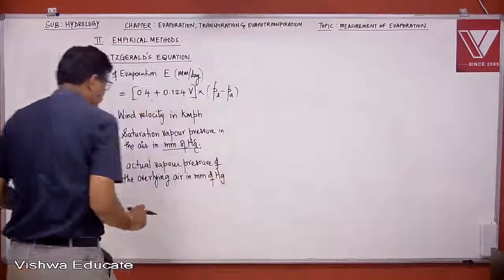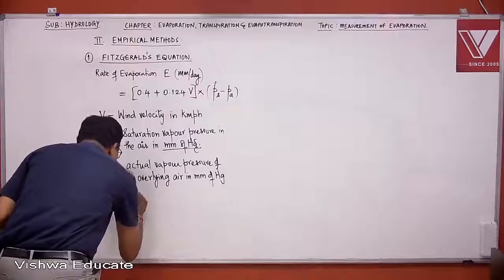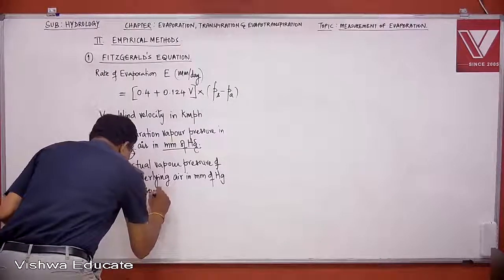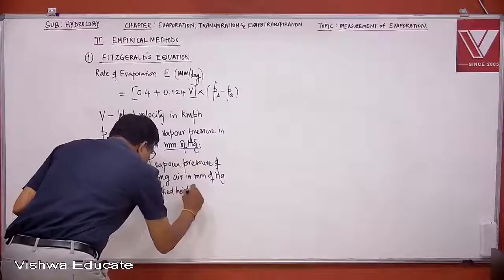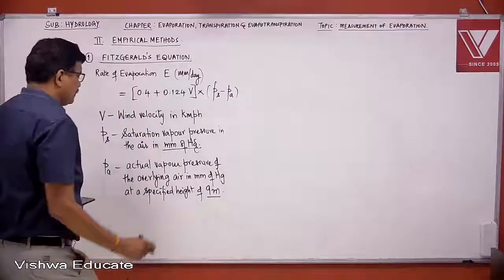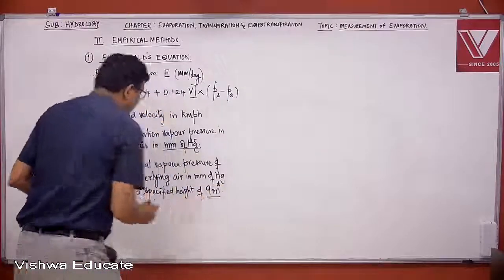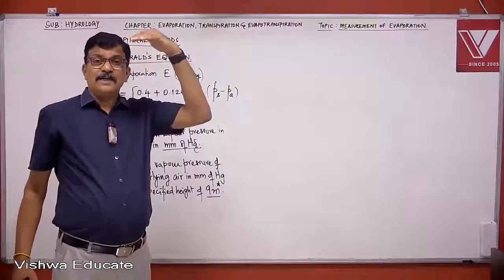Hg stands for mercury here, at a specified height of 9 meters. Now this is important, that when we say pressure in the air, actually it is at a specified height.